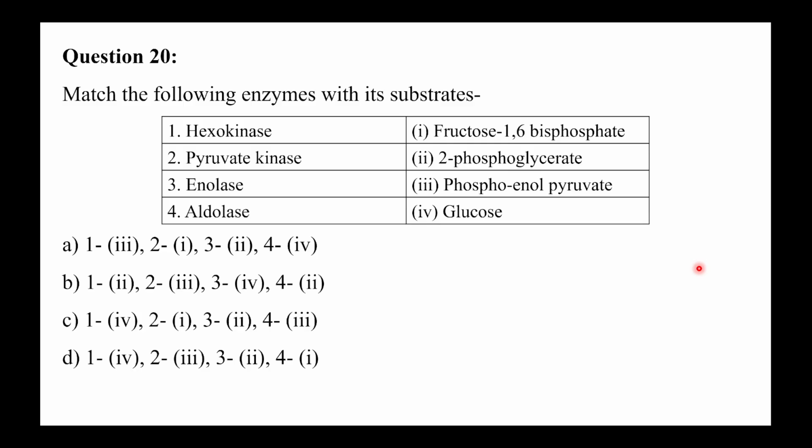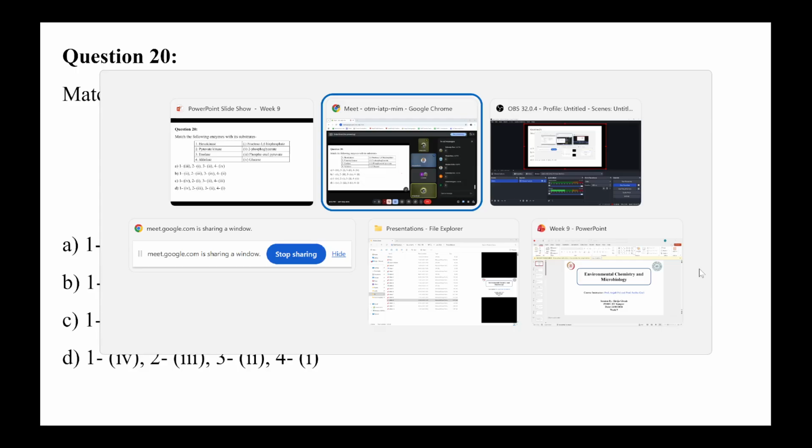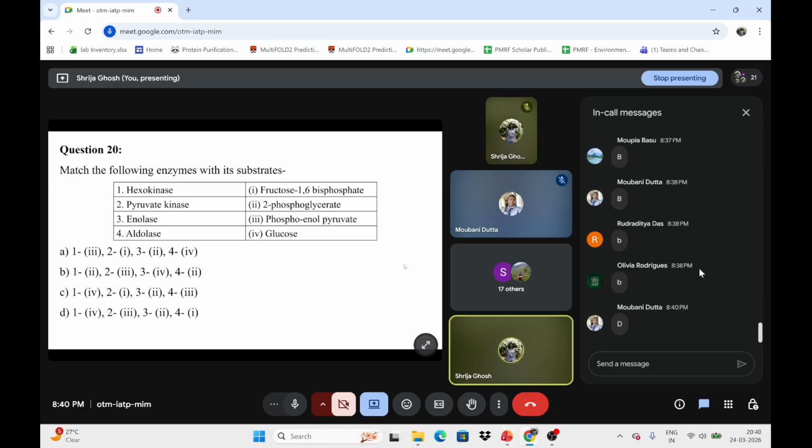Okay, so we have discussed glycolysis in great lengths. So tell me the answer. Match carefully. You have to match the substrate, okay, not the product. Substrate and the enzyme. I can see three answers in the chat box.